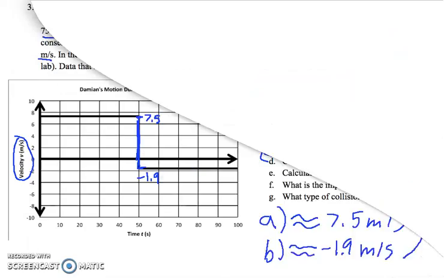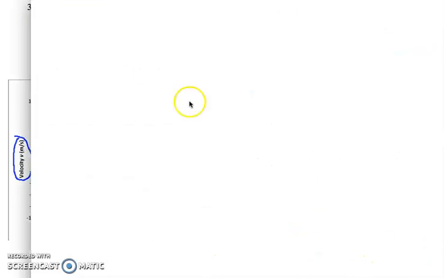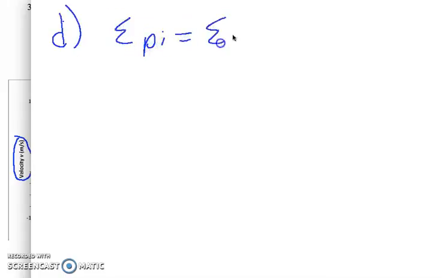If we want to figure out the total final momentum, we really have to think about the conservation of momentum. One way we could figure that out is if we knew the total initial momentum, because we know that's equal to the final momentum. And we actually have enough information to find that.